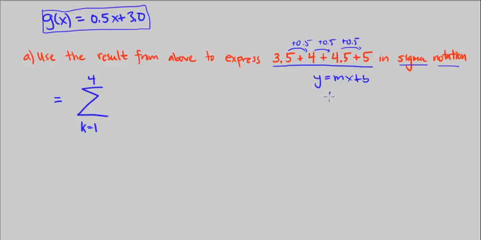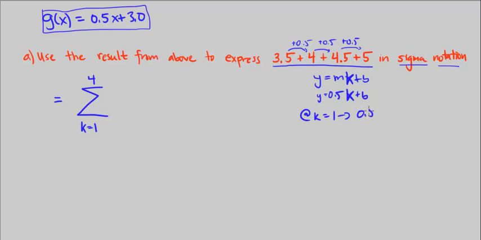Well, what is my slope? 0.5 times x plus b. That's also my line. I'm going to change this to k because our variable is k, not x here. So when k is equal to 1, the first term I know is 3.5.